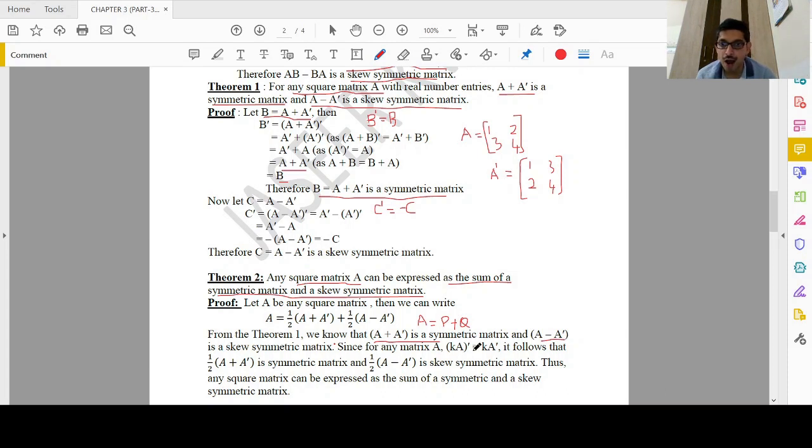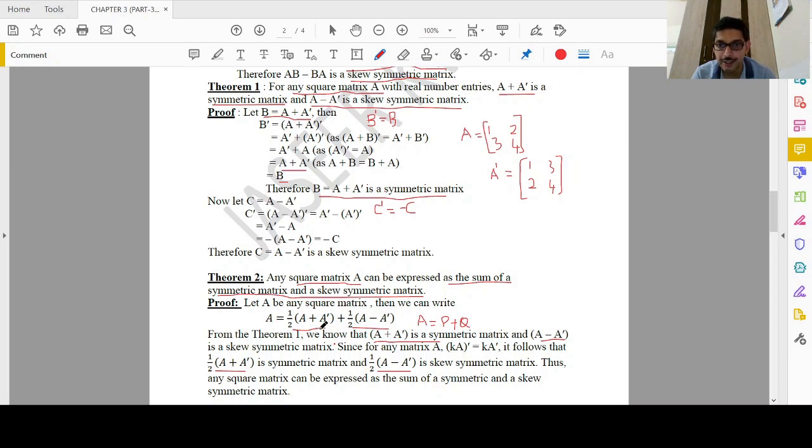If you take half of A plus A dash as P and half of A minus A dash as Q, and add both of them, then we will get A. The half is taken because directly adding A plus A dash and A minus A dash gives 2A, but we need A. So to get A only, we take half of both matrices.